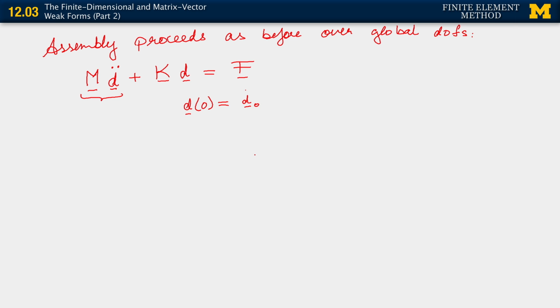We did this for the parabolic problem. We need another initial condition here because we are second order in time. That's D dot at time t equals 0, which we will denote as V naught.